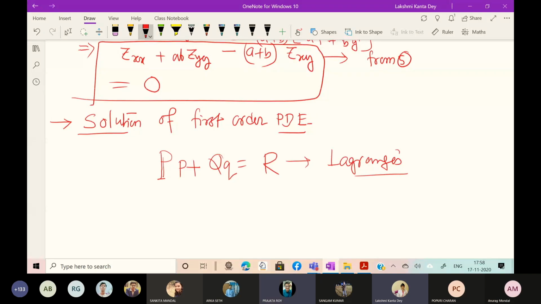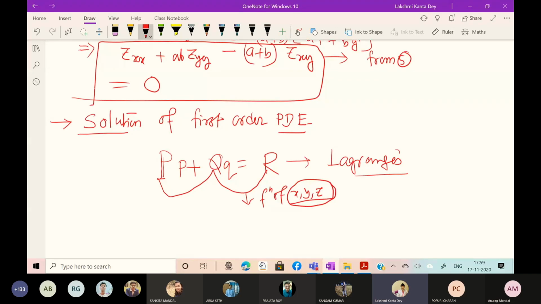Okay, so here P, Q, and R are functions of x, y, and z, small x, y, and z. So this type of first order partial differential equation is not a linear partial differential equation.